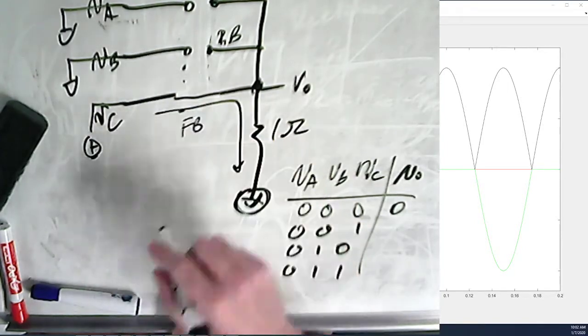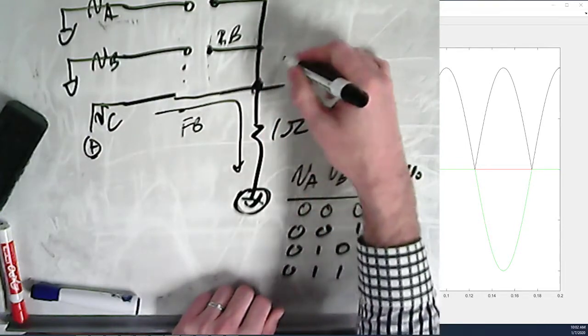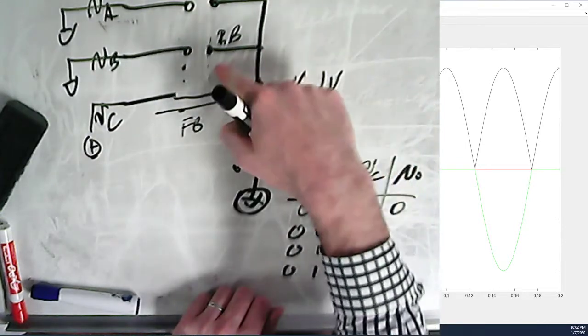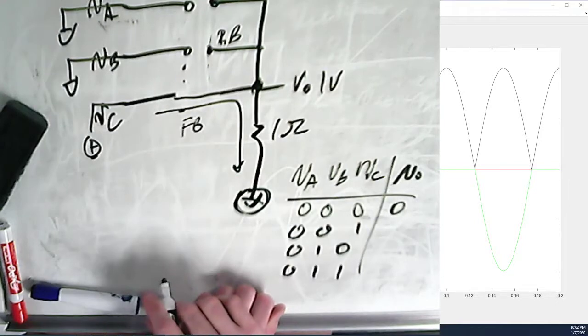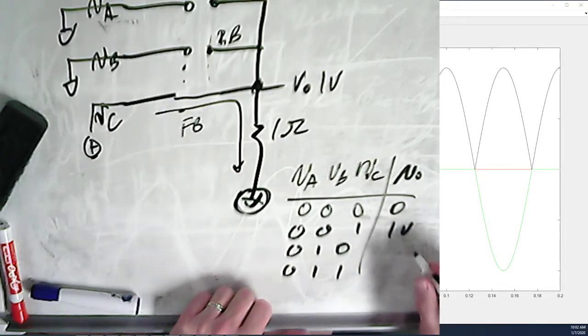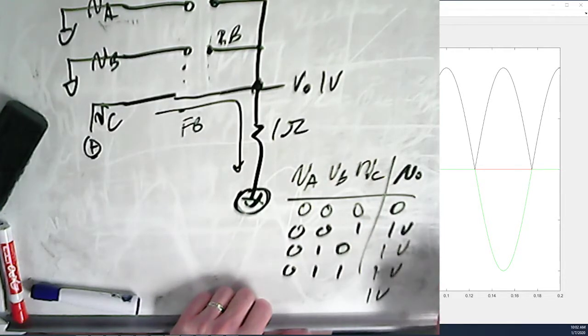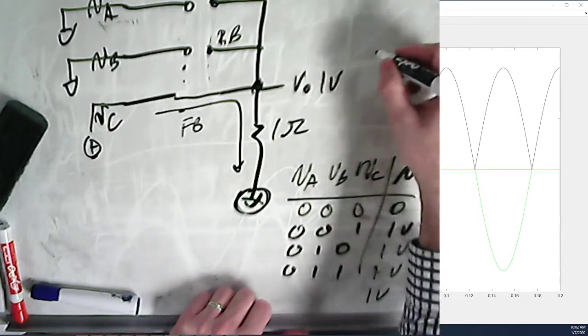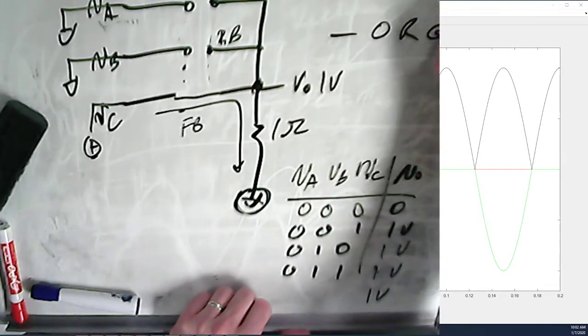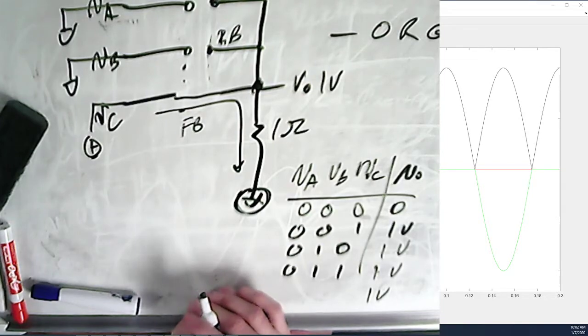So yes, that one would be forward biased, at least so far. And then these guys would have 1 volt here, and 0 volts on the other side, which means they're reverse biased. That's great. But what's the output going to be? 1 volt. And if we do this again and again, so what do we get with this? This is an OR gate. So that's a digital logic OR gate.